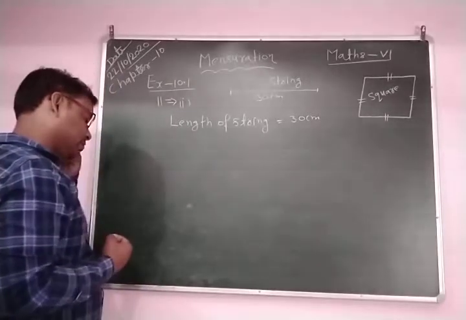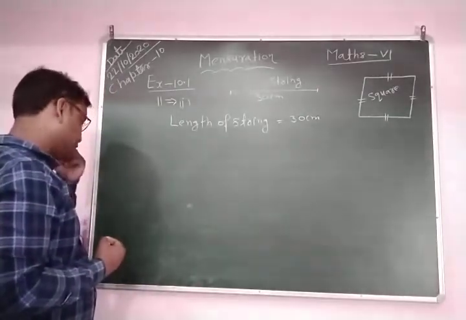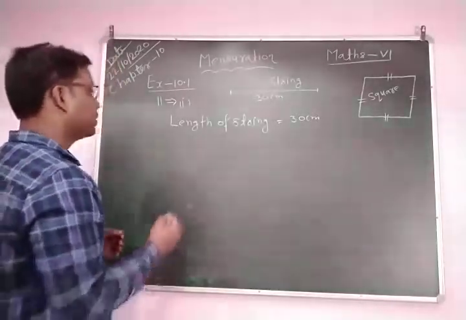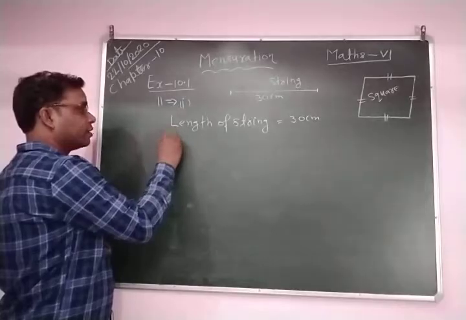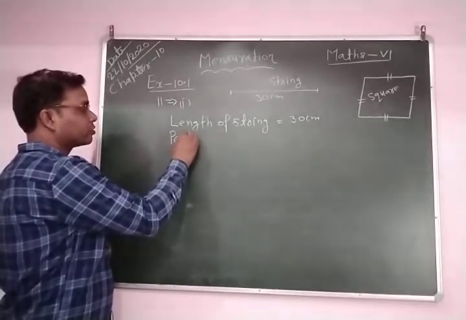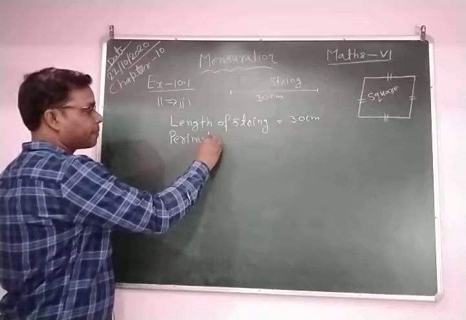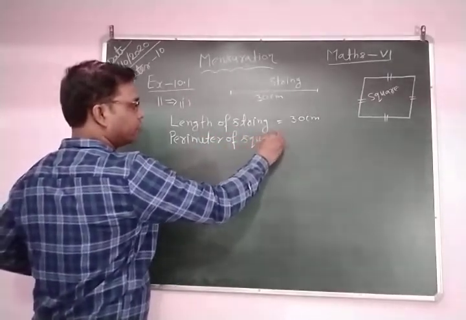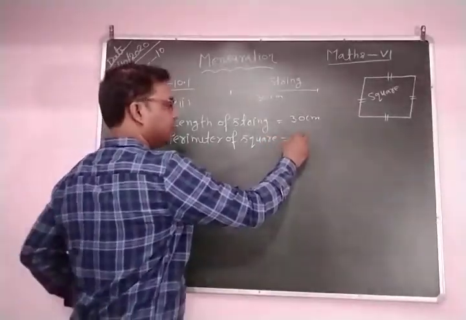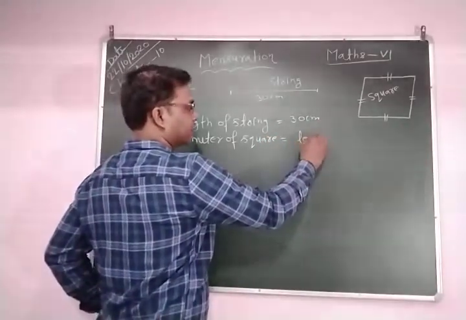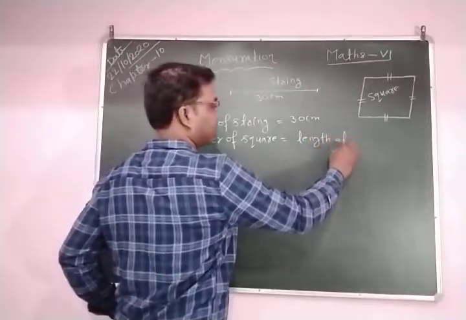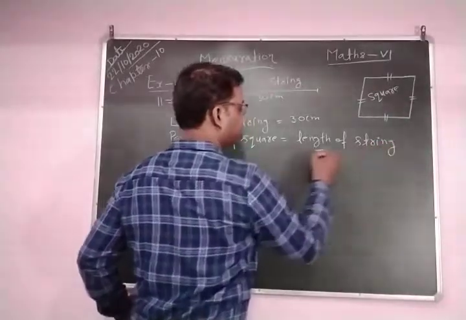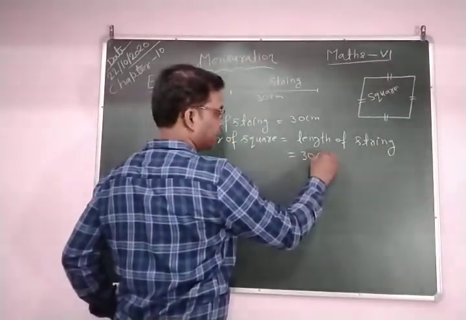Because this square is made by the string, and the length of the string is 30 centimeters, we can write perimeter of square is equal to length of string, which is 30 centimeters.